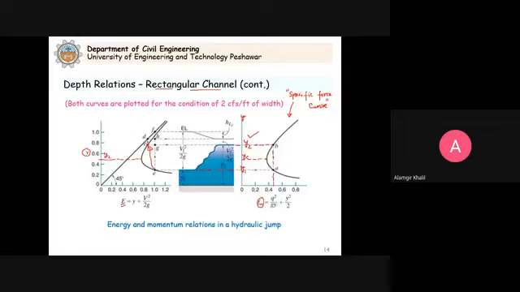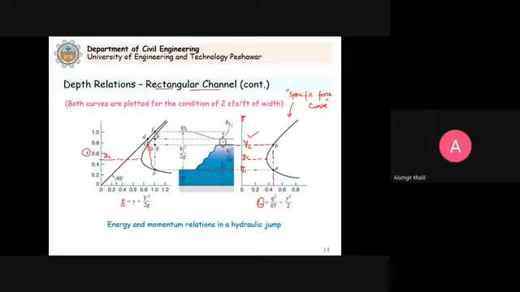Now you see here that in this diagram, the depth is transposed to the specific energy diagram, and we can determine V square by 2G. So how we can determine? This is your V square by 2G here.